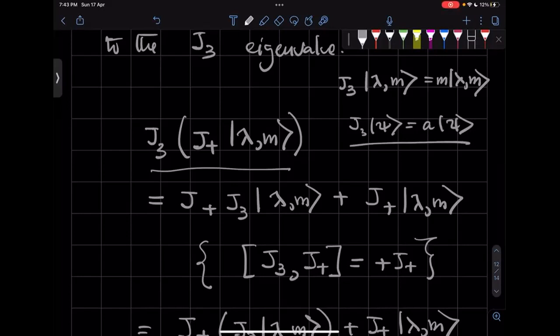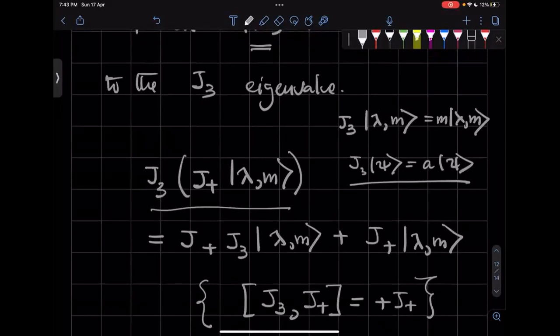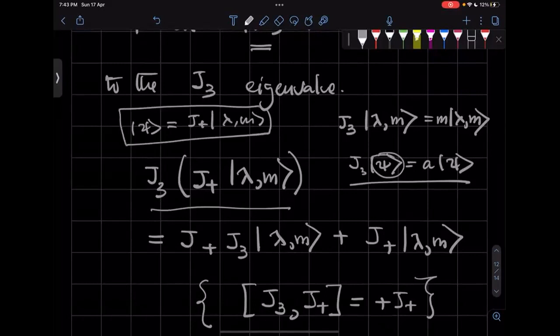Yes. So now I want to ask, if I take for this state psi the state J plus acting on |λ, m⟩, what is A? Using this knowledge.